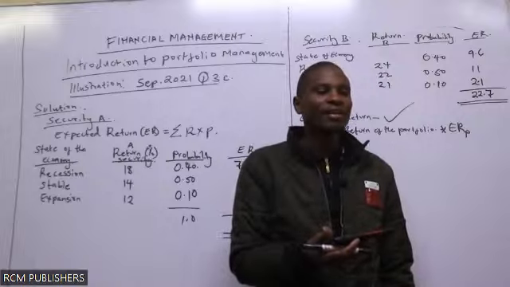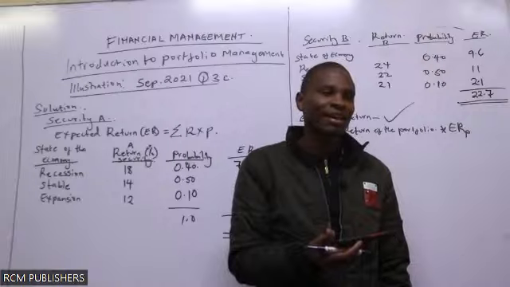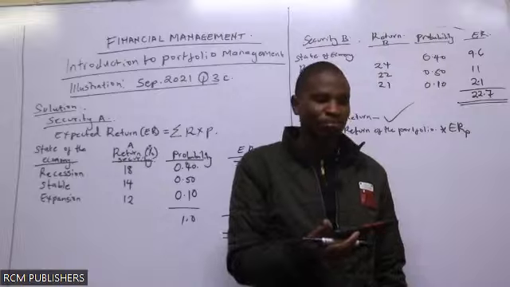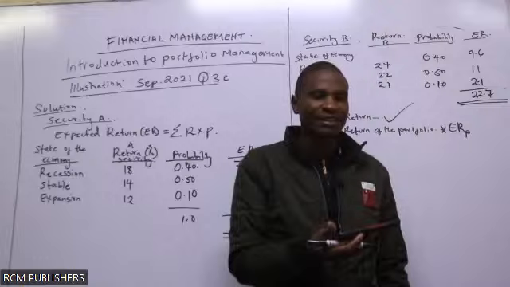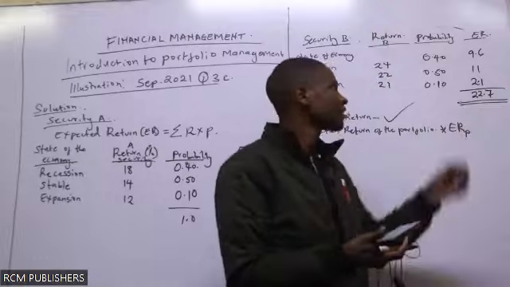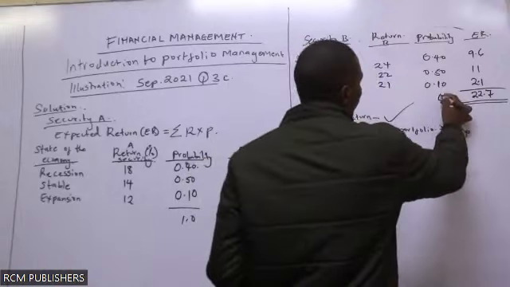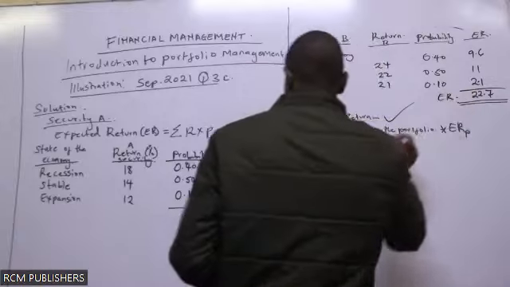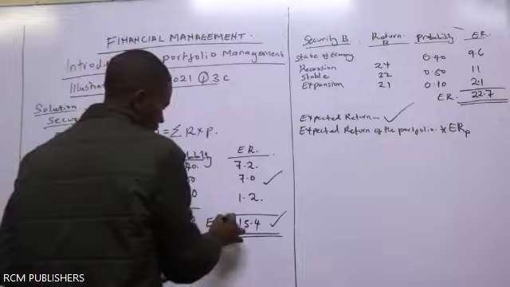Weight of A multiplied by the return of A, then weight of B multiplied by return of B. But don't forget to indicate that the return is the expected return. Hii total hii. Naona hii ndio maana tunatafuta hiyo expected return. That return usiweke tu hivyo.